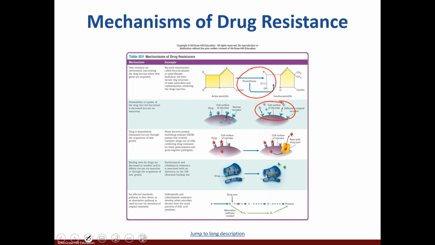Some bacteria can insert pumps into their cell membrane that can immediately spit the drug out upon entry. A bacterium can alter the binding site of the drug and prevent it from exerting its effect. And last but not least, if a drug alters a biochemical pathway, the bacterium can find another route to get to the desired product.